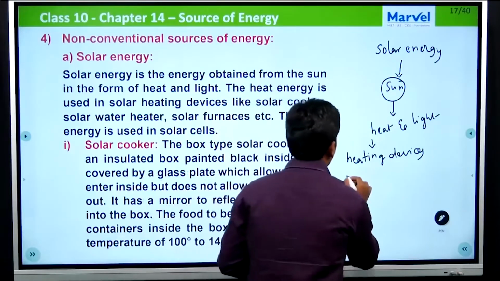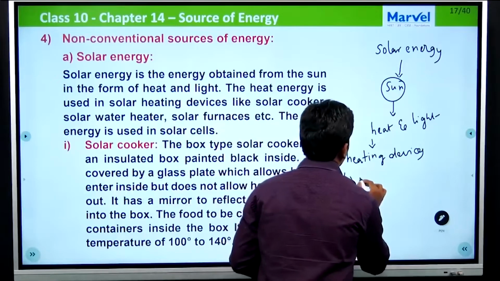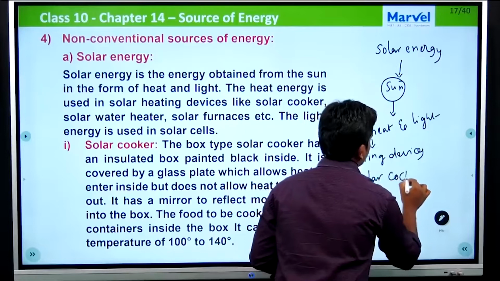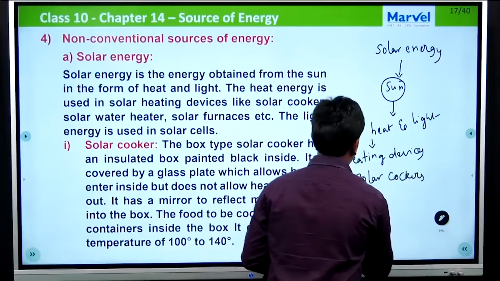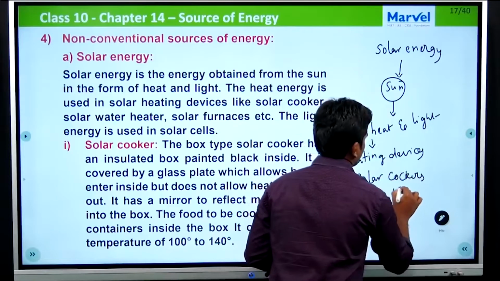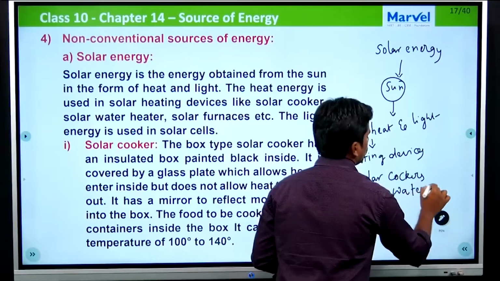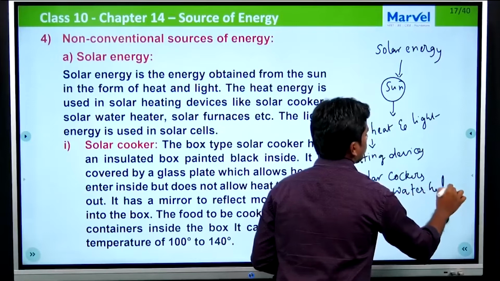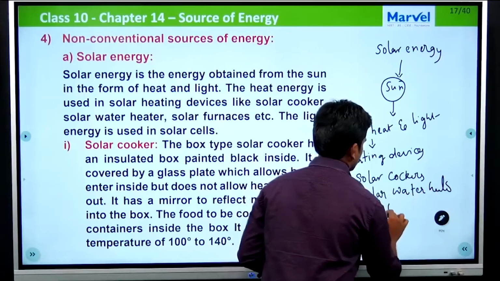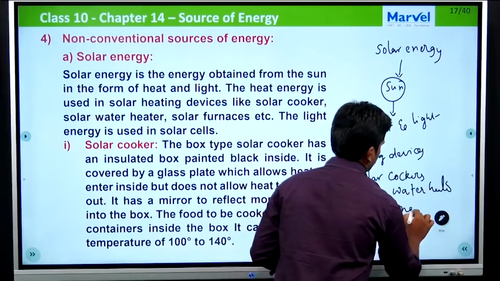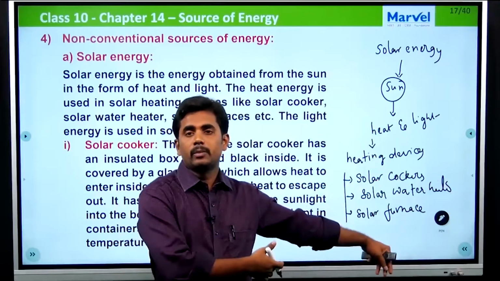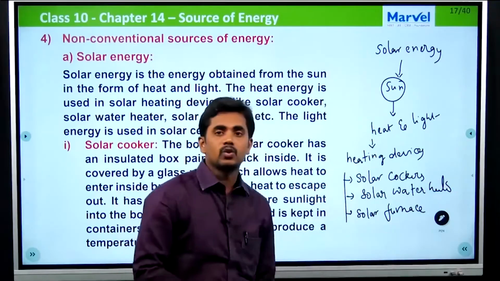So under heating devices we have the solar cooker, the solar water heater, and solar furnaces. These types of things come under heat energy consumption.